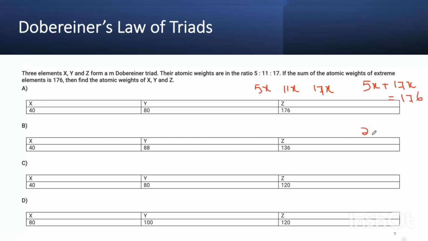So 22x equal to 176. Therefore x equal to 176 divided by 22. 176 by 22 is 8.